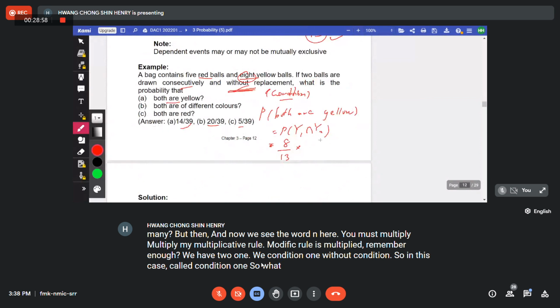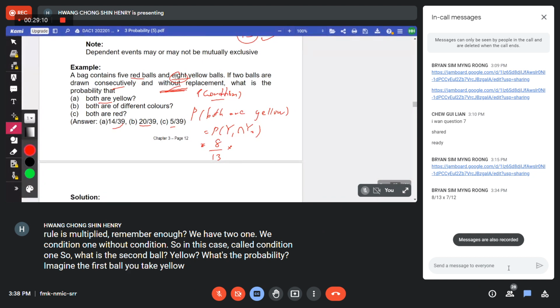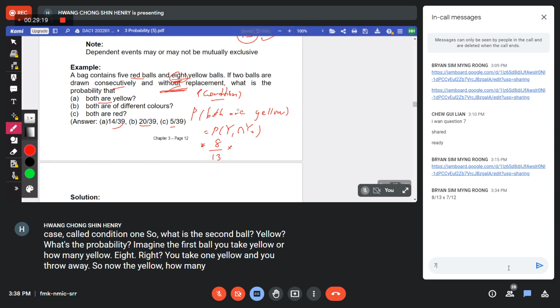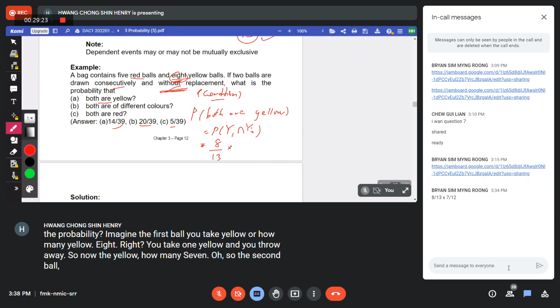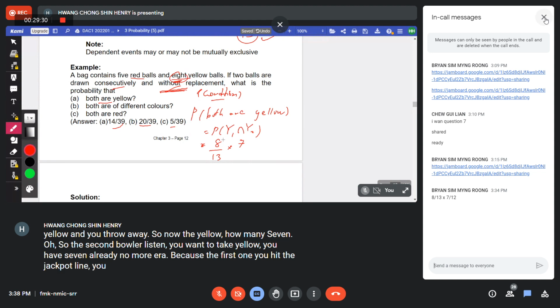So what is the probability that the second ball is yellow? Imagine the first ball you take is yellow, how many yellow? 8, right? You take 1 yellow, then you throw away. So now the yellow, how many? 7. So the second ball, listen, you want to take yellow, you have 7 already, no more 8. Because the first one, you hit the jackpot, you take yellow, you throw away.